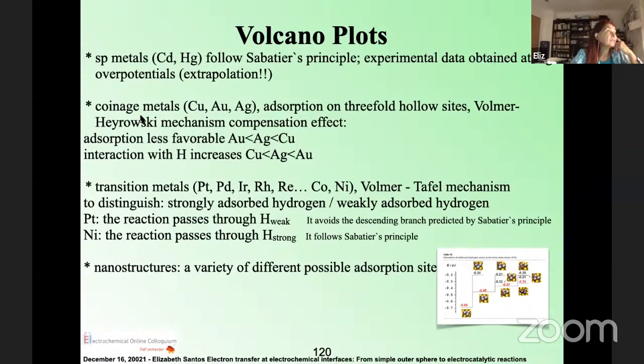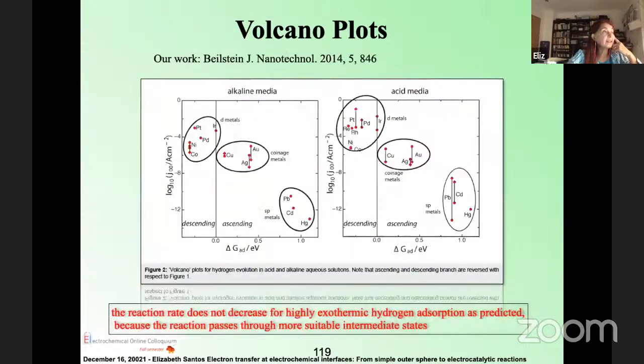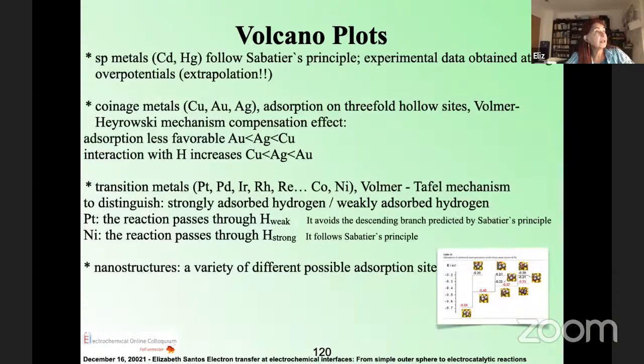In the case of the Kautsky metals, we see that between the three metals there are practically no differences. They have different adsorption energies, but the activity is very similar. That is because there is a compensation effect. The adsorption is less favorable in this direction, but the interaction between the hydrogen and the metal increases in the other direction. And that is this compensation.